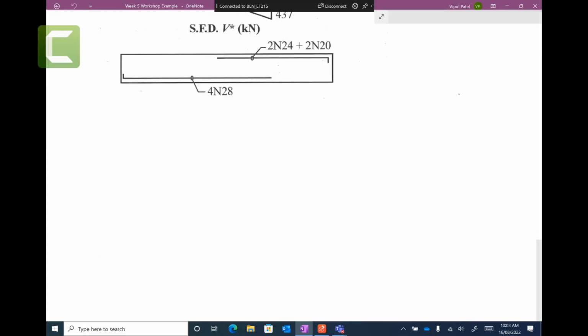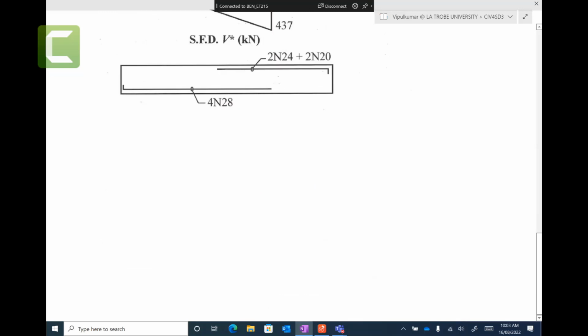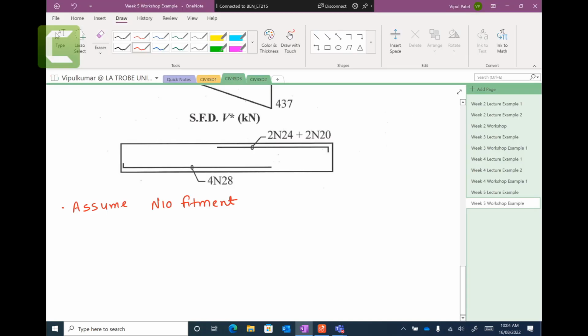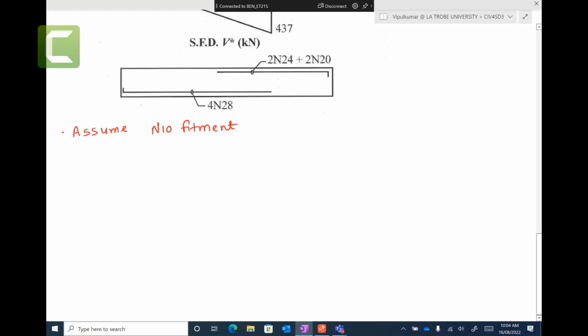We need to make a couple of assumptions, meaning let's assume N10 fitments. Generally we use N10 fitments for this kind of beam.